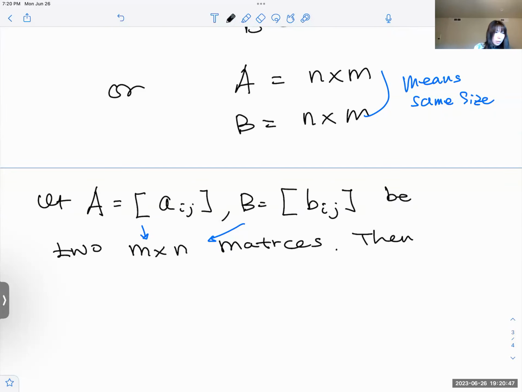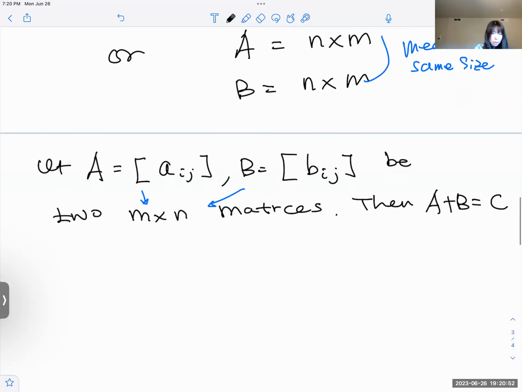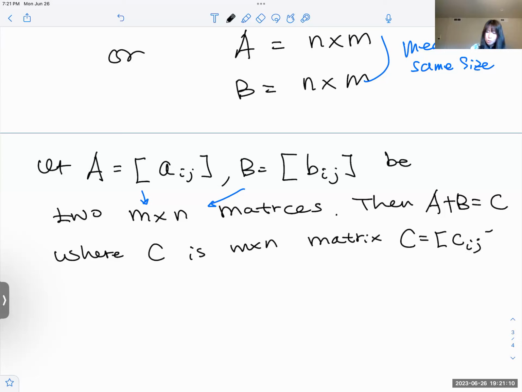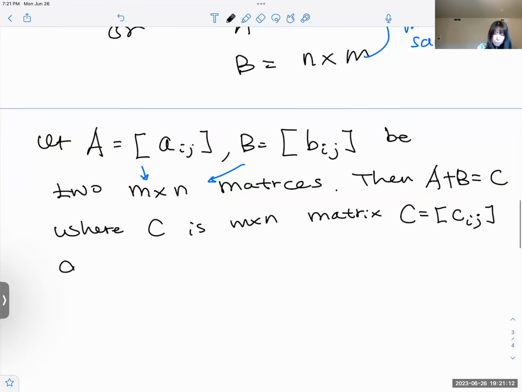Then A plus B equal to C, we can add them, and C is also an m by n matrix, where Cij equals Aij plus Bij, right?